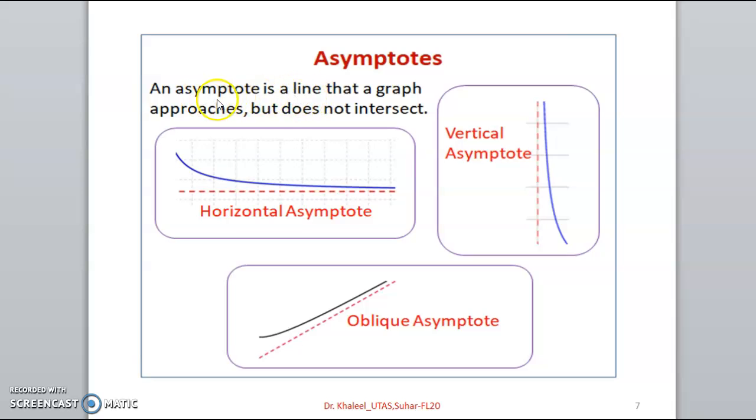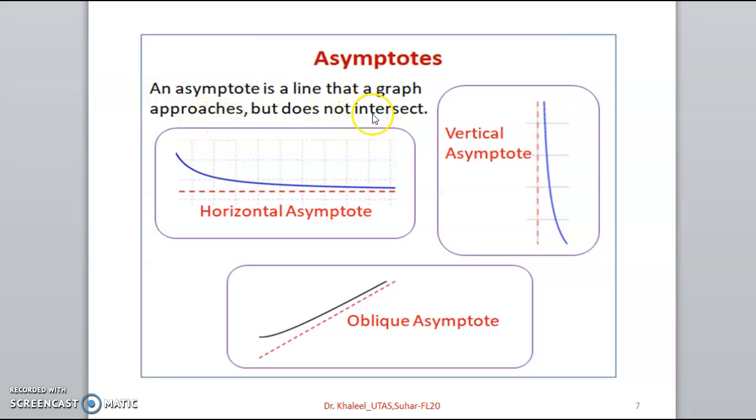Please remember, an asymptote is always a straight line that a graph approaches. That means the graph approaches the line, or the line approaches the graph, whichever way you say it. The line and the graph approach but do not intersect. It doesn't touch, but it is approaching.